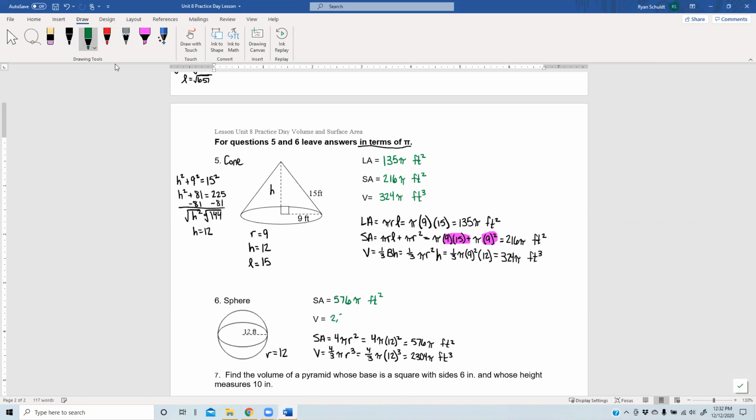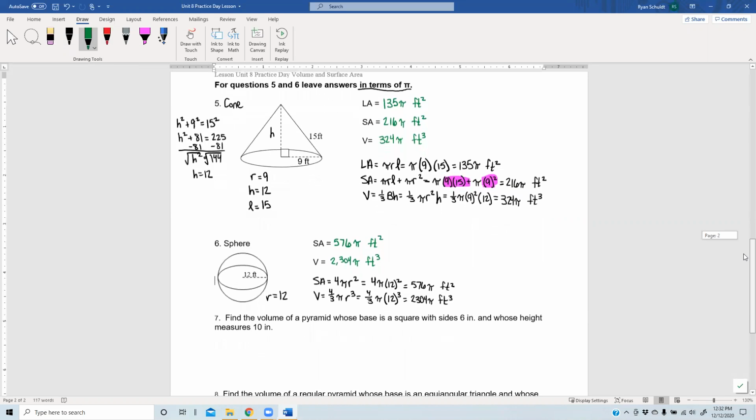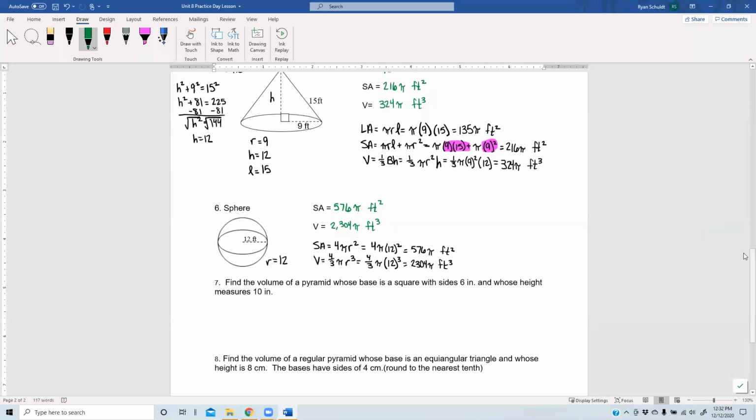So 2,304 pi feet cubed is our volume. Okay, that's it for number 6.